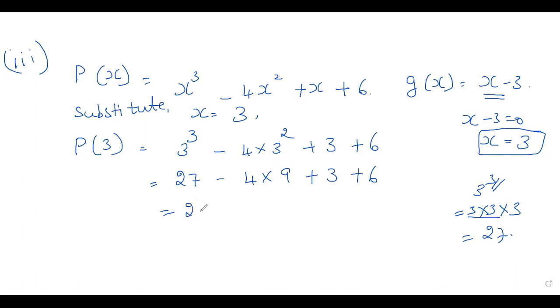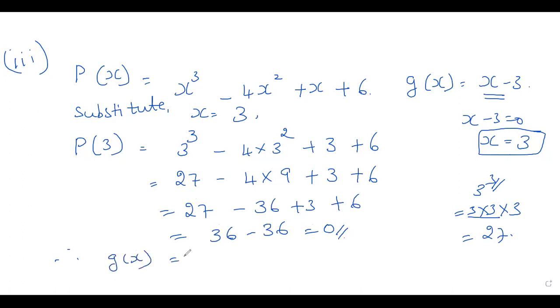That is equal to 27 minus 4 9s are 36, plus 3 plus 6. That is equal to 27 plus 9 is 36, minus 36, that is equal to 0. So by factor theorem, we can say g of x, which is x minus 3, is a factor of p of x.